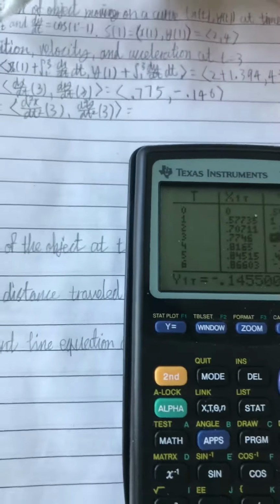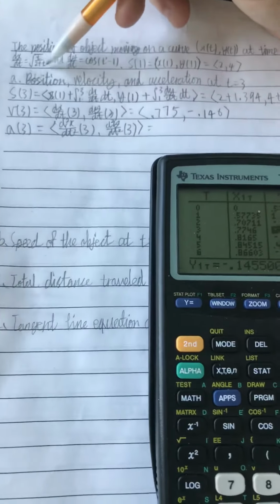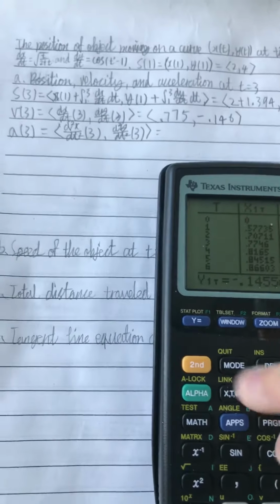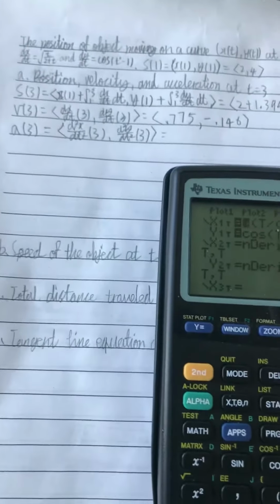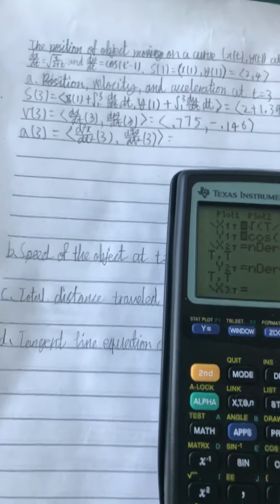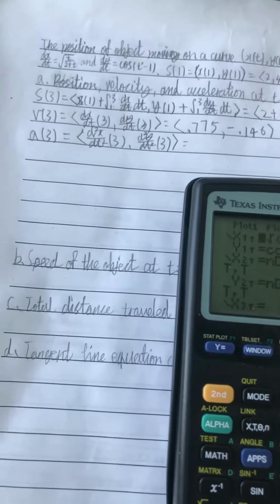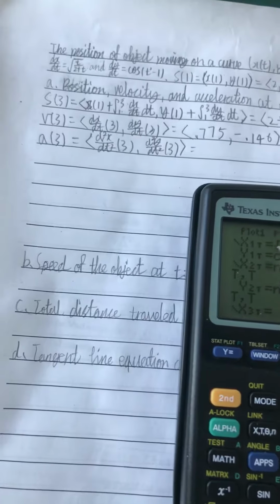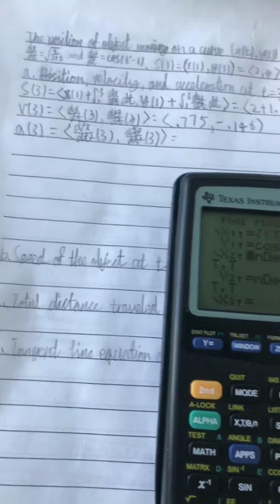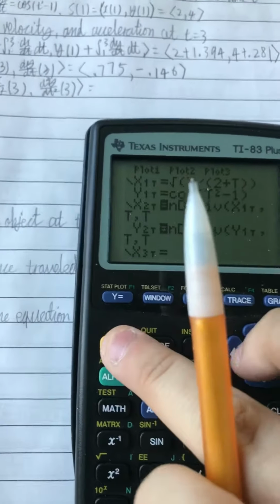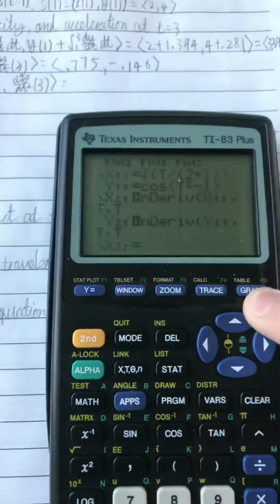Notice we don't actually have to differentiate it ourselves. We can let the calculator do all the work. So let's go back to the y equal. And look, that's why I always leave the derivative equation here. In this case, we turn off the graph for these, and we turn on the graph for the derivatives. So we turn this on, and we can check the table again.